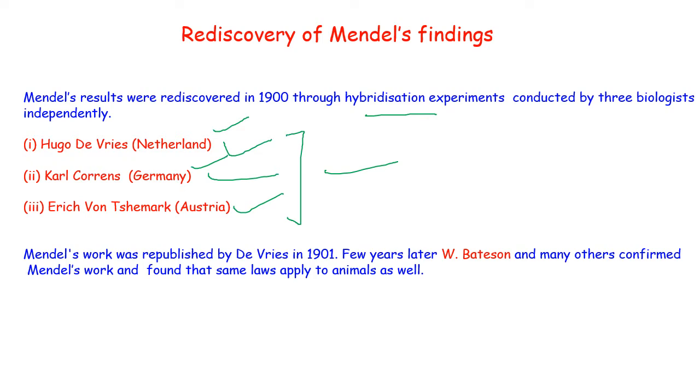Mendel's work was republished by De Vries in 1901, and later Bateson and many other biologists worked on hybridization experiments and found that the same laws also apply to animals. So these three scientists rediscovered Mendel's findings: first Hugo de Vries, second Carl Correns, third Erich von Tschermak of Austria.